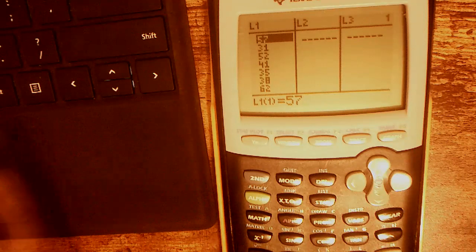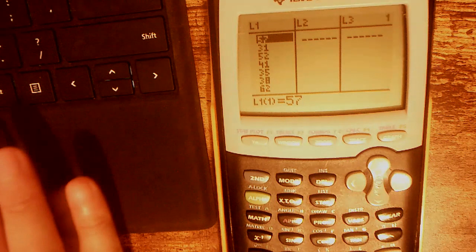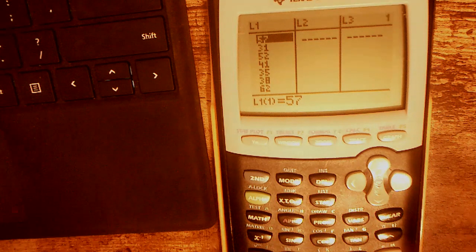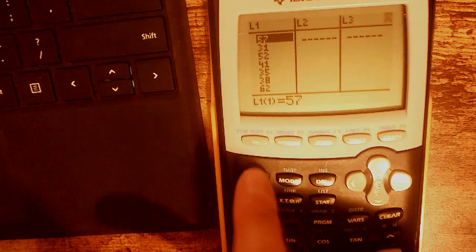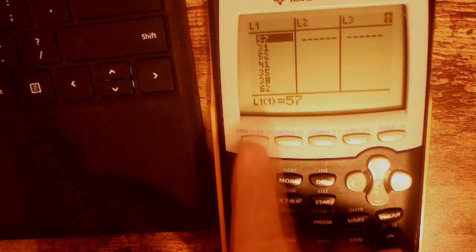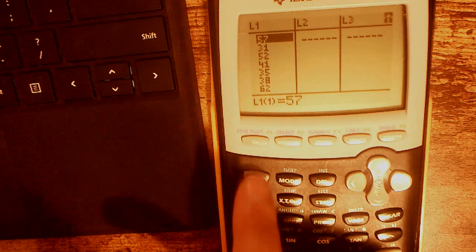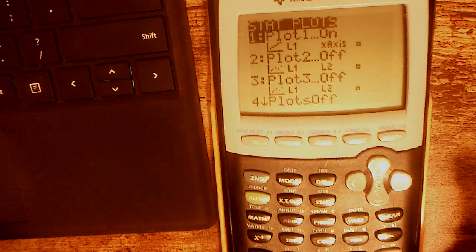And then we're going to go to second, this key. Second, okay, I enter the values. And then you go to second y equal. Do you have that?